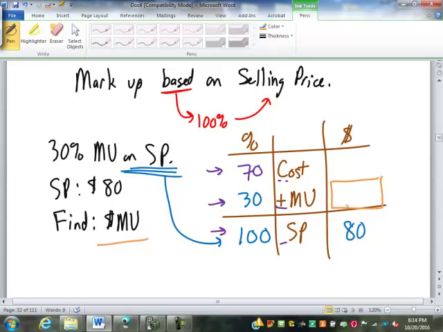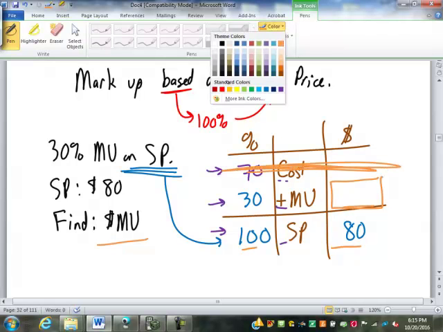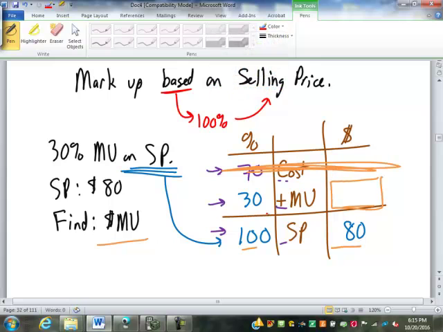So we need the markup row because that has what we're looking to find. What row does both of them? Selling price does. So the cost is the one we're not going to use. So we will cross multiply 30 times 80 divided by 100 is going to be $24. Correct?